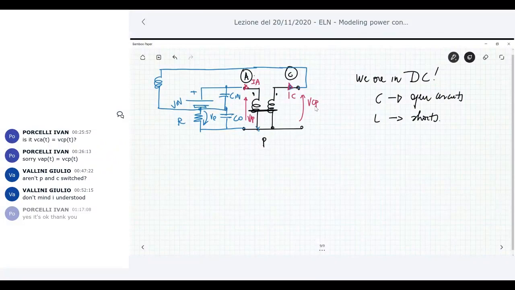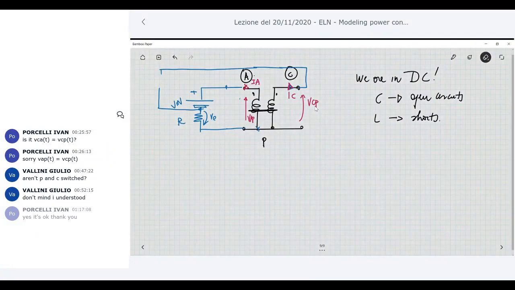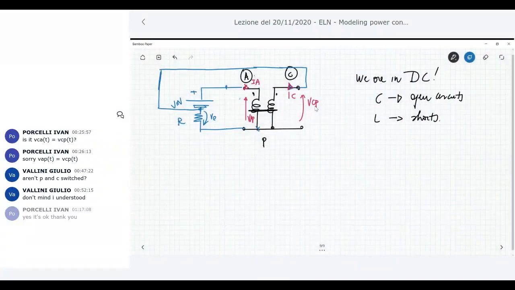Okay, so let me modify the circuits by eliminating the capacitances and putting a short here.